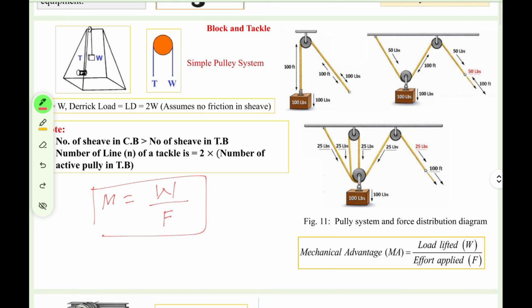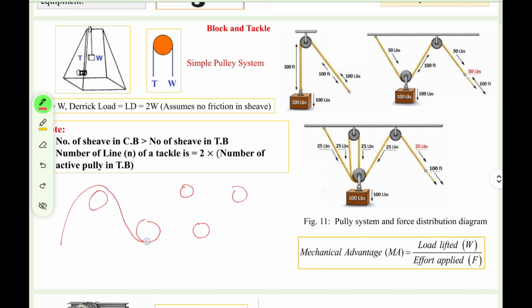If I want to make you understand in another way, let me draw a small arrangement of a block and tackle system. This is the arrangement we are talking about, and this is the traveling block.